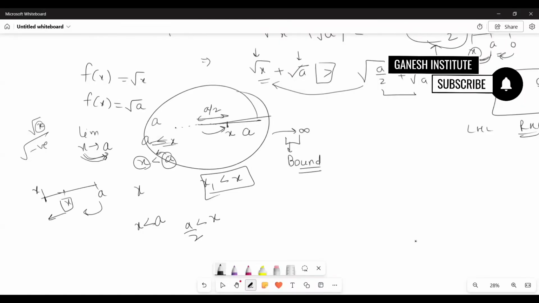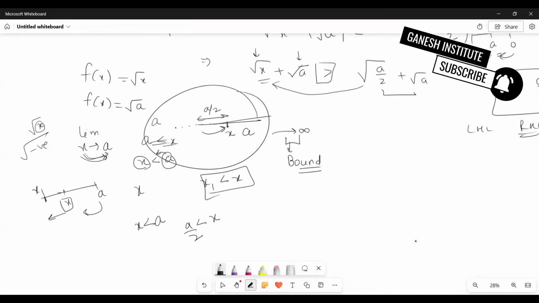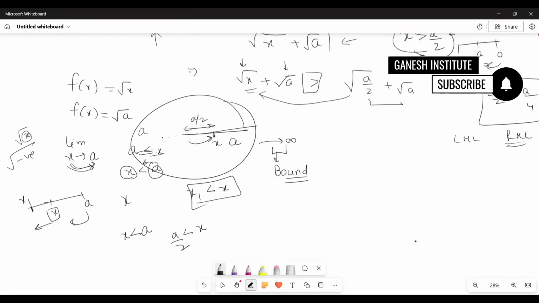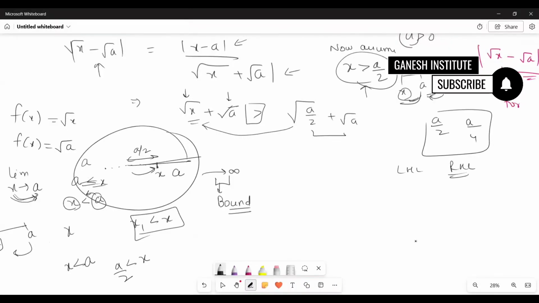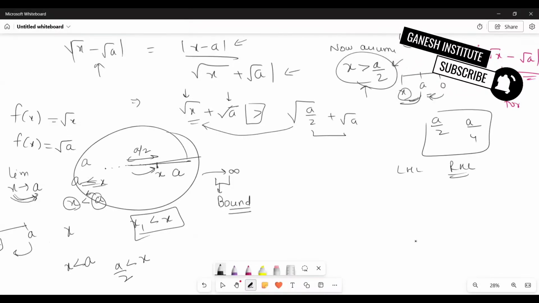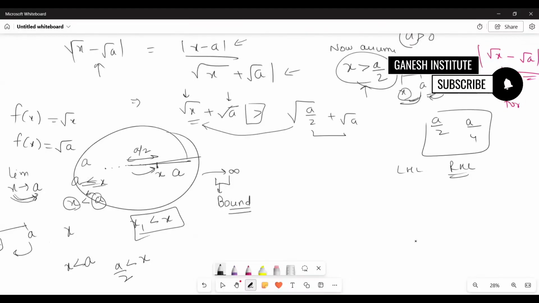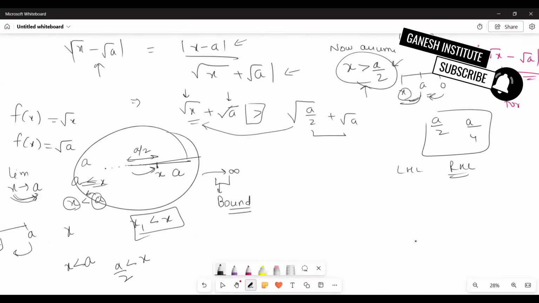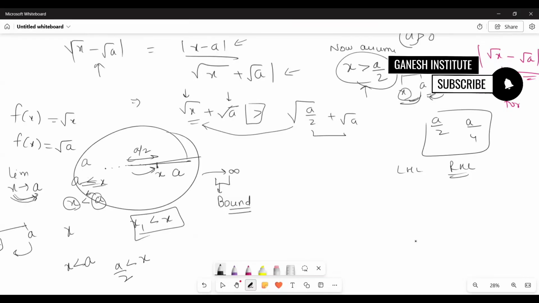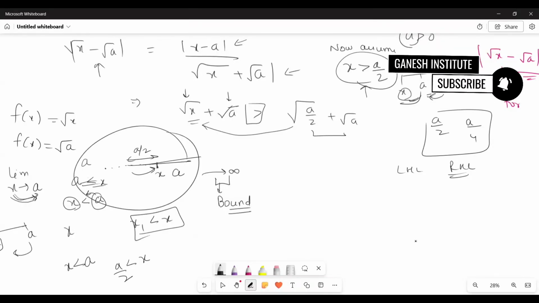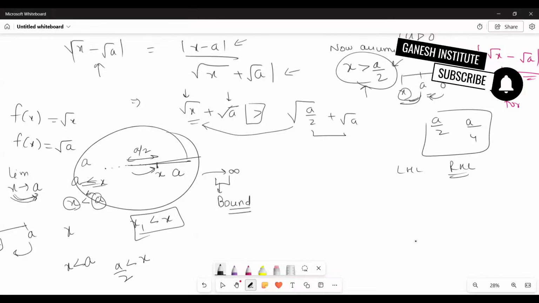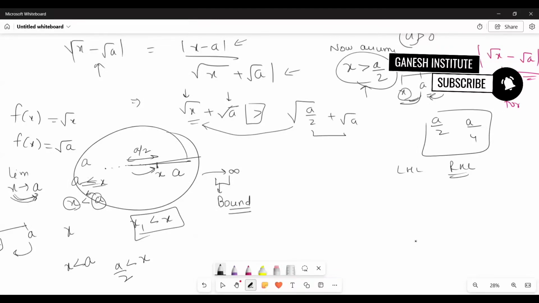It is that closer to a. I'm making it closer to a. So the value which is nearby a, you have to assume that x is greater than that. Then only you will be able to show that x and a are almost similar and root x is root a now.